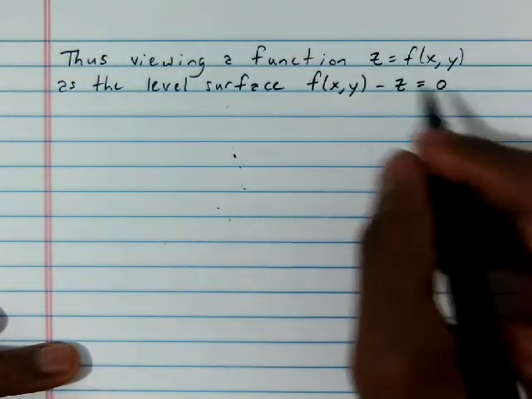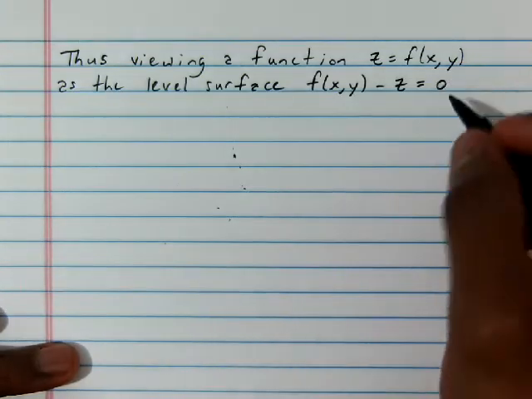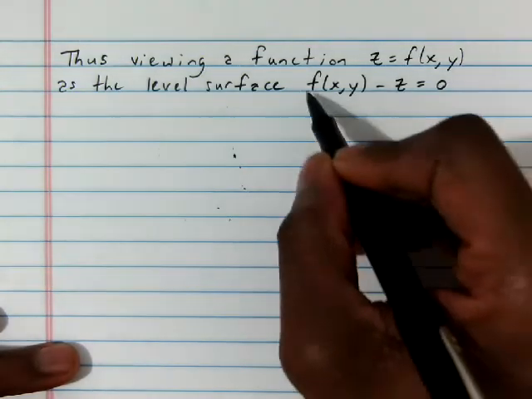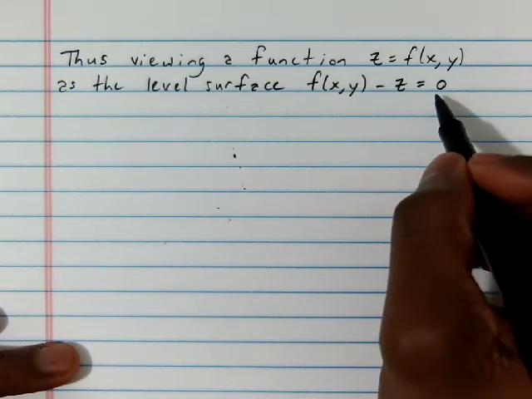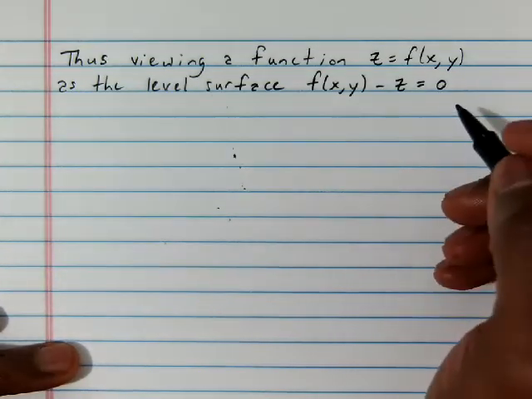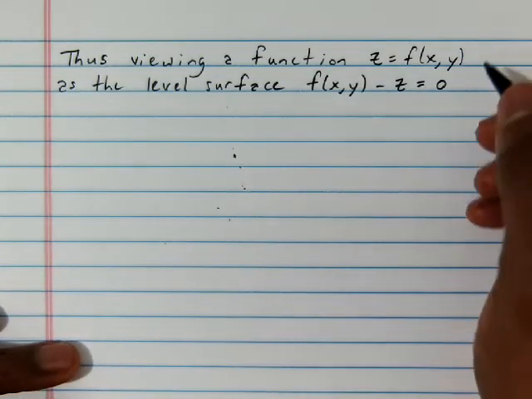So we're just subtracting z from both sides here. And now we have a function of x, y, and z equals 0. So now we can just use that exact same formula that we had on the previous page.